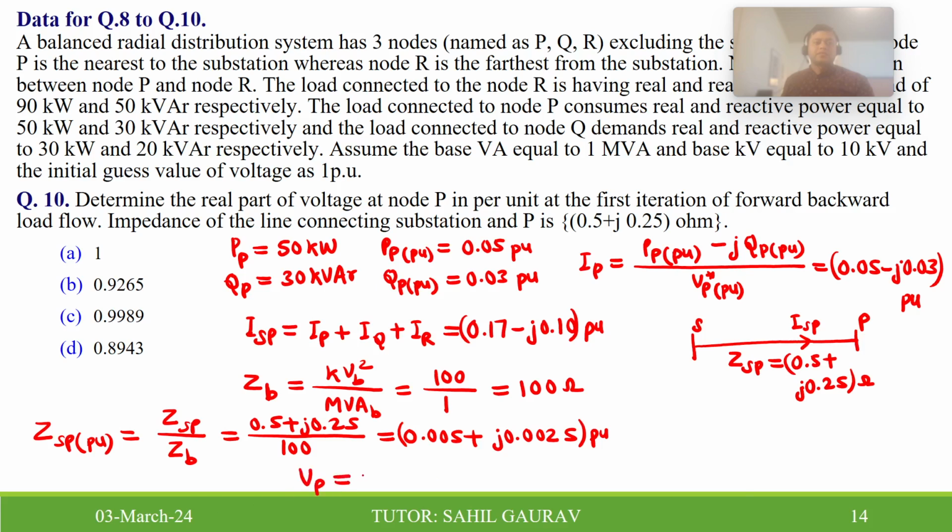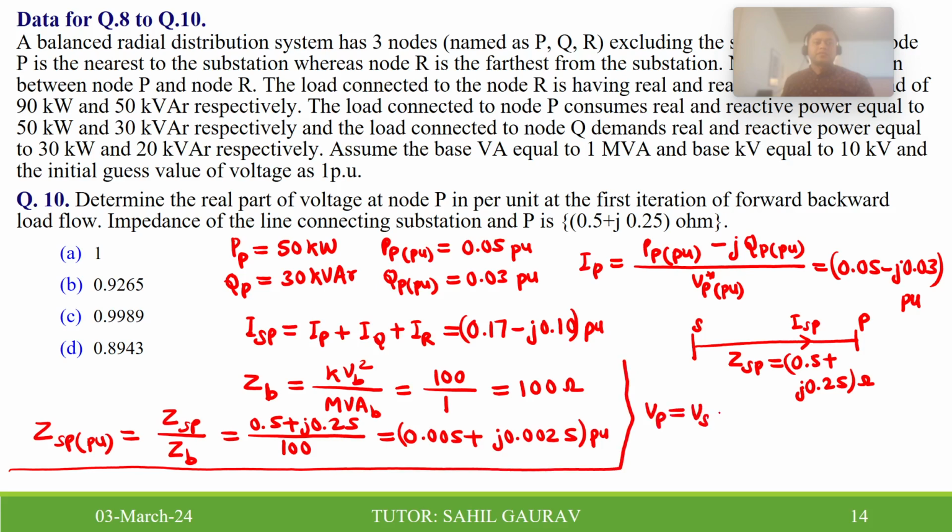So voltage at P equal to voltage at S minus ISP into RSP per unit plus J XSP per unit. So all values are in per unit. We have to just substitute all the values.